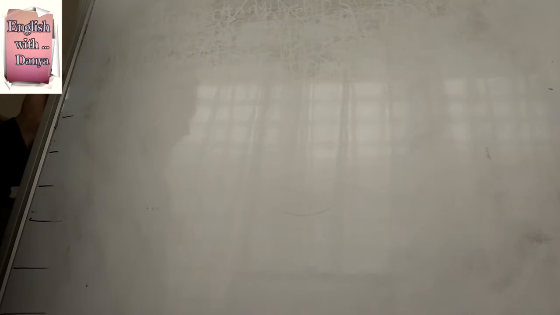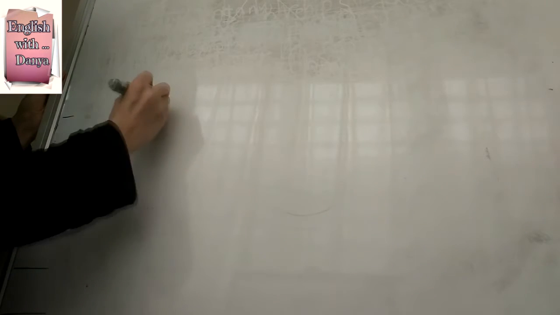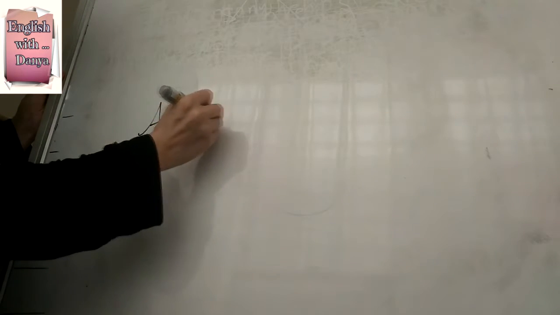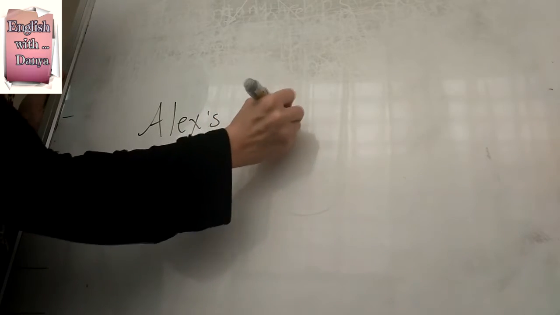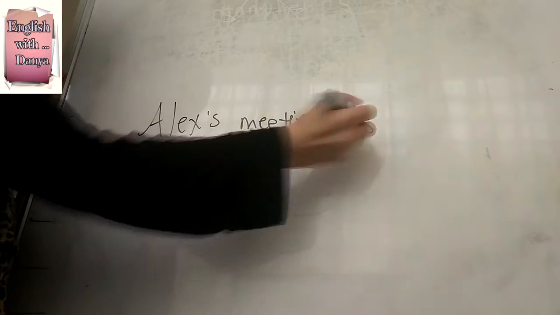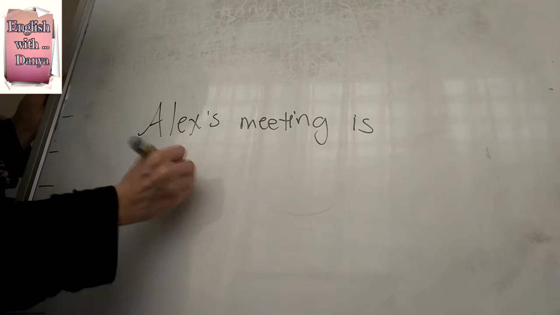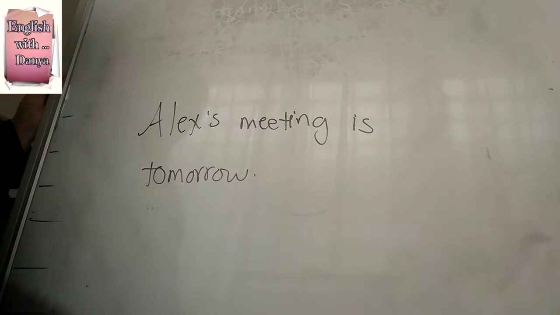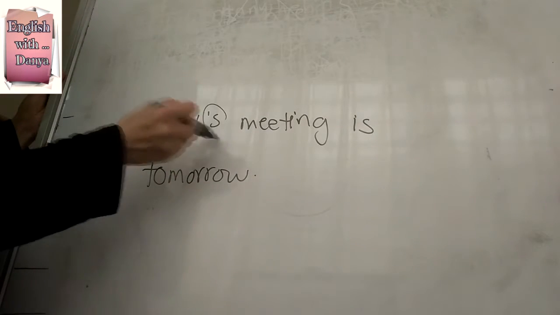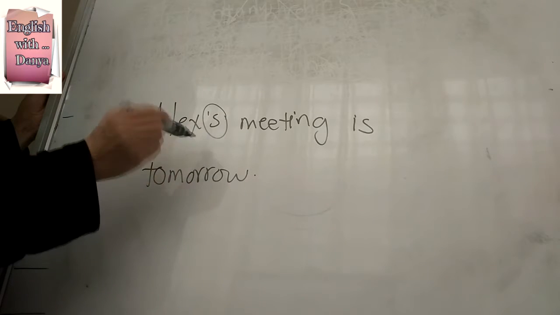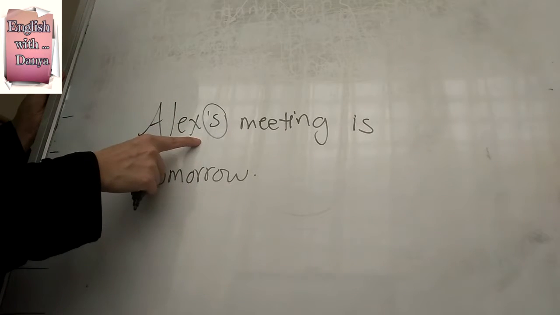Okay, let's look at the last example. Here we have Alex's meeting is tomorrow. Why do we use apostrophe and s? Because the last letter is not s.